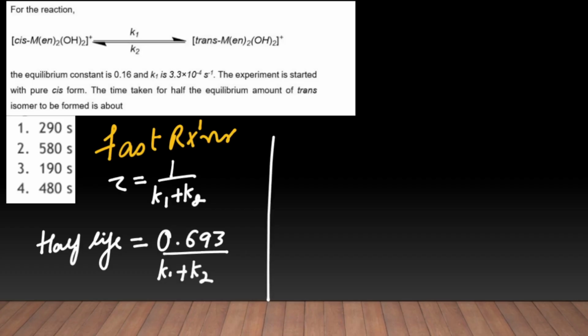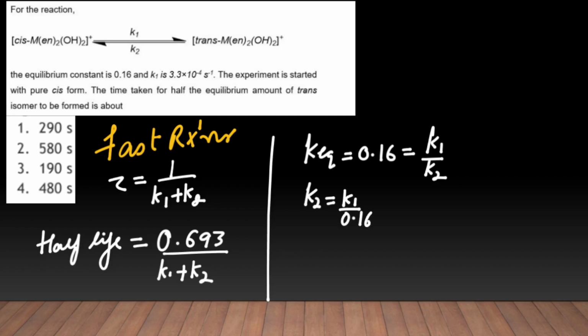Now the K1 value is already given, and the K equilibrium is given to us as 0.16, which is defined as the ratio of the rate constant of the forward to that of the backward direction. So from here, the K2 value is going to be K1 by 0.16, which is 3.3 into 10 raised to the power of minus 4 upon 0.16.